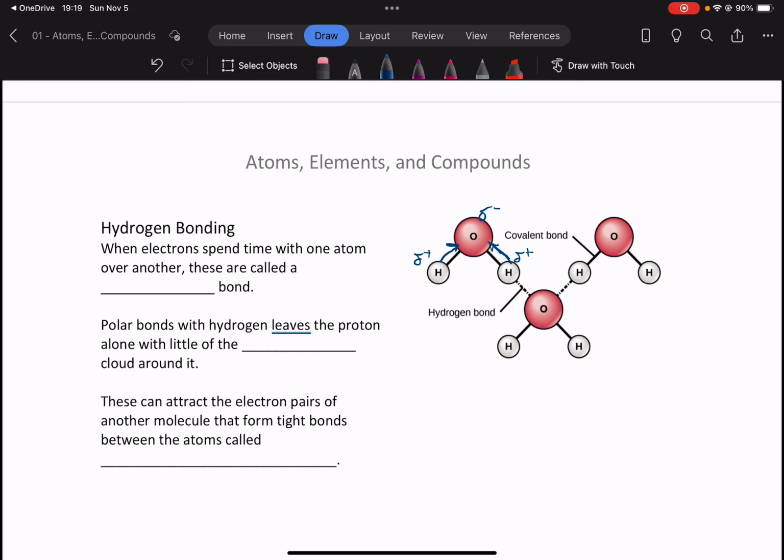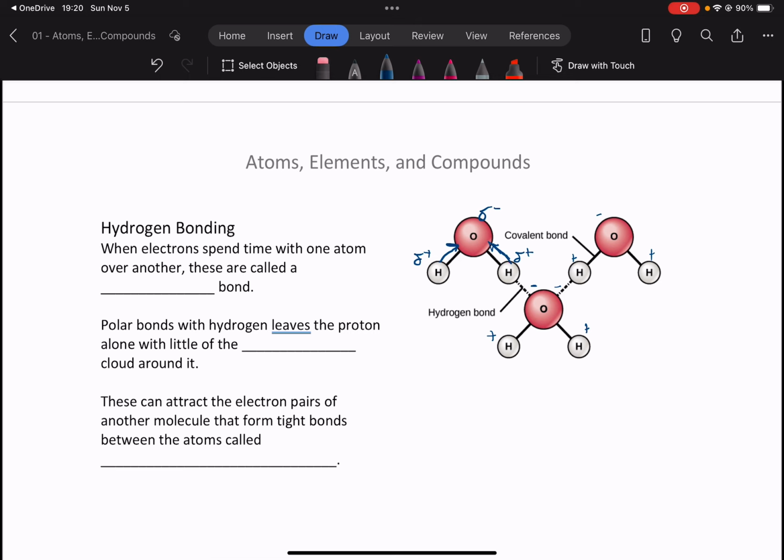This positive is going to attract the negative that's on the oxygen of another molecule, and those positives and negatives attract each other together. And this is specifically done with hydrogen because it's just a pure exposed proton.